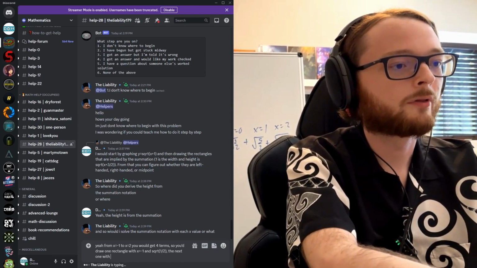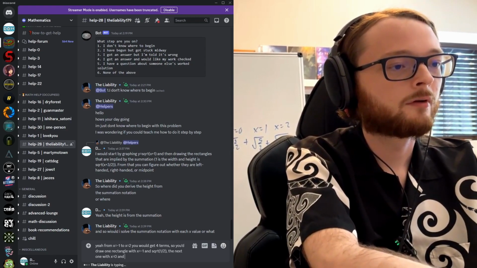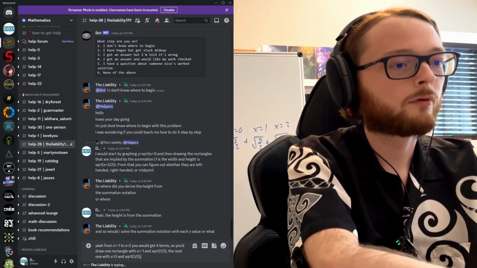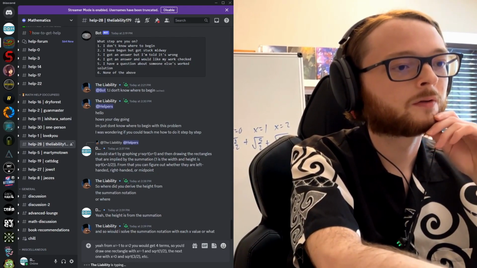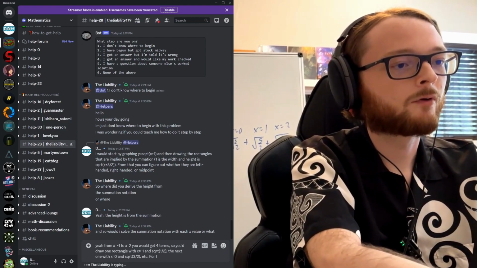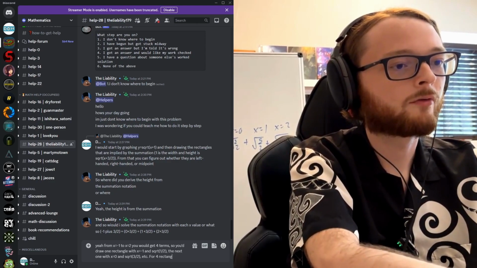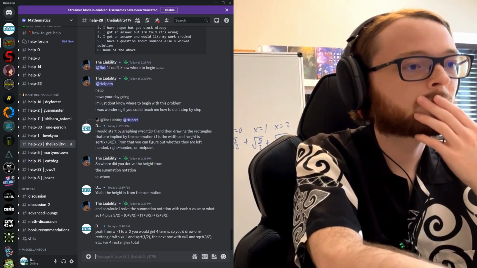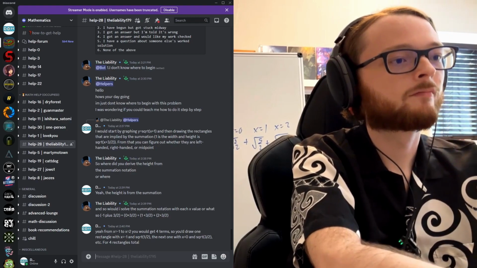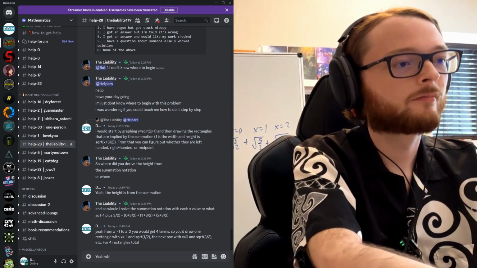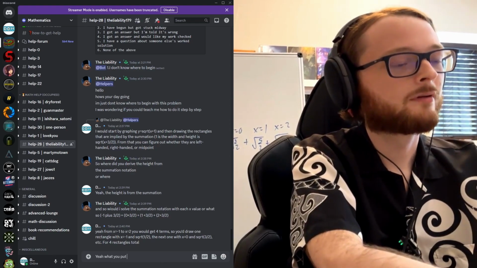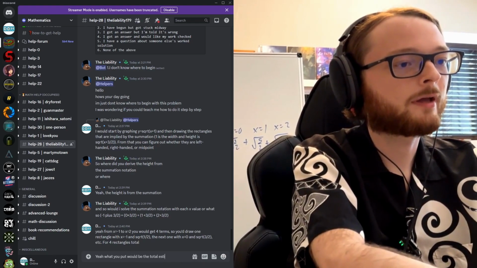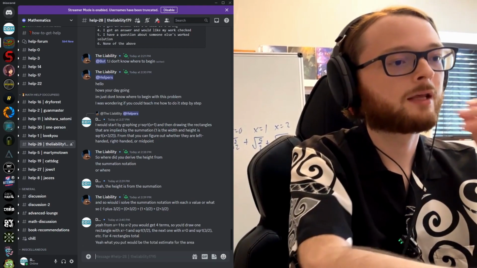The next one with x equals 0 and square root 3/2, etc. For four rectangles, you put the total estimate for the area.